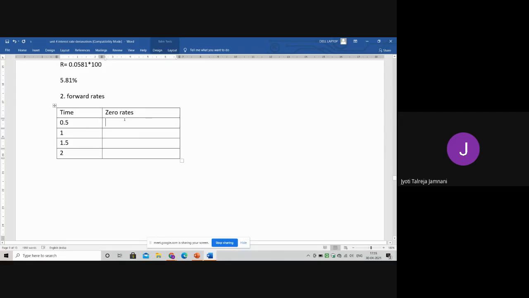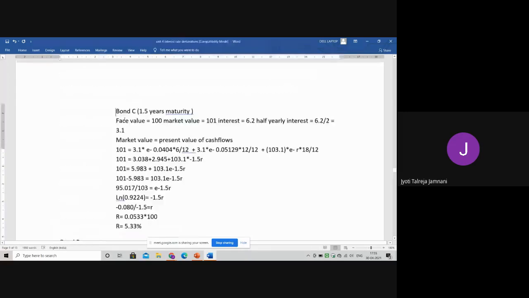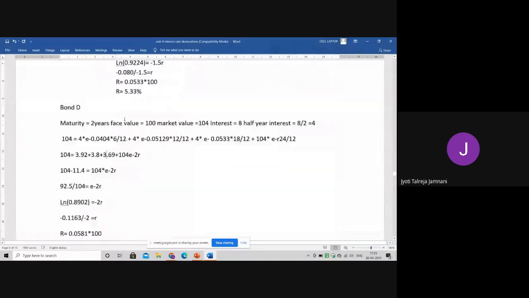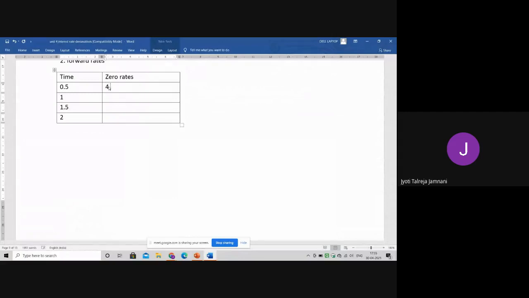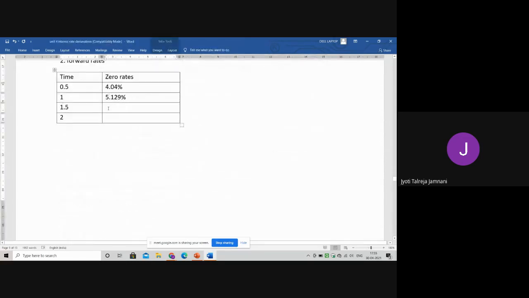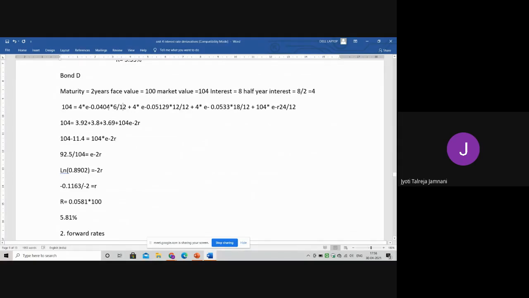See what rates we have got. For bond A, which was 0.5 maturity, 4.04. Bond B, 5.129. Then bond C was 1.5 year maturity, and the rate is 5.33. In bond D, just now we found the rate, 5.81.